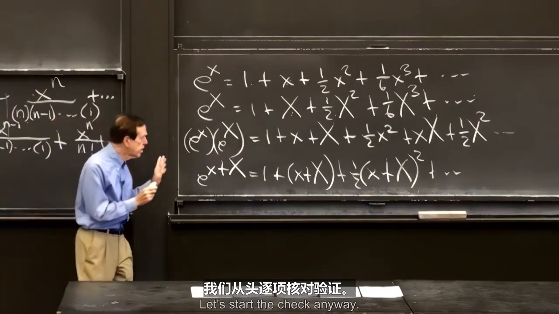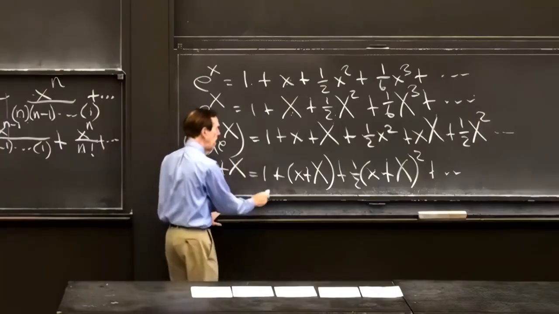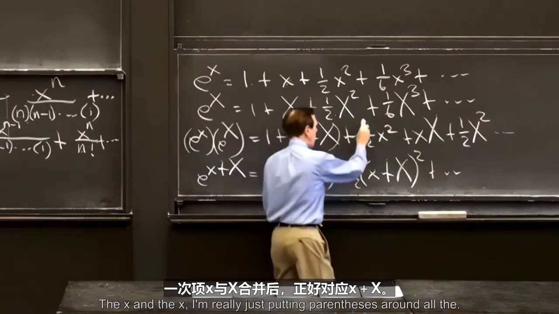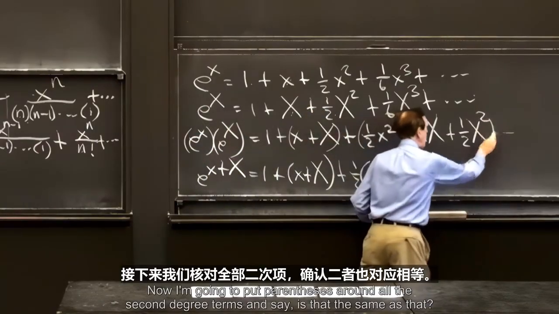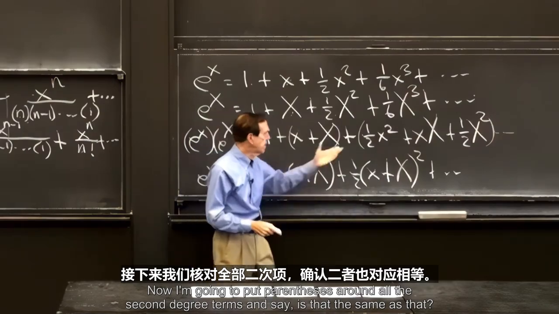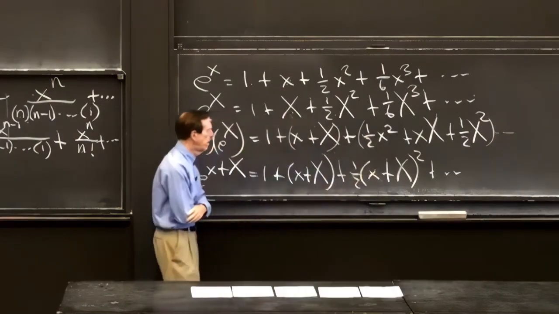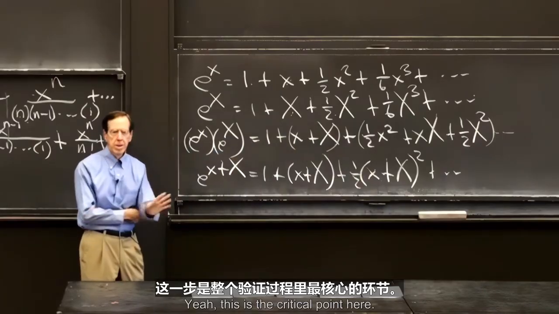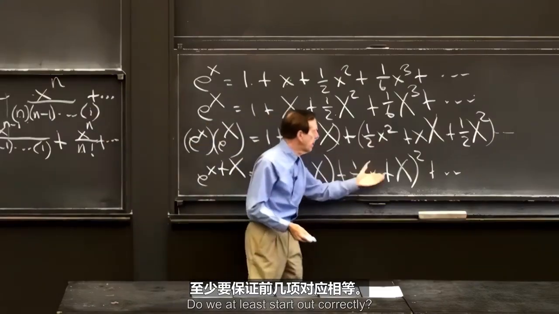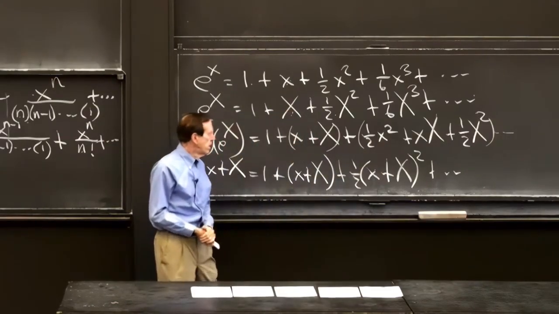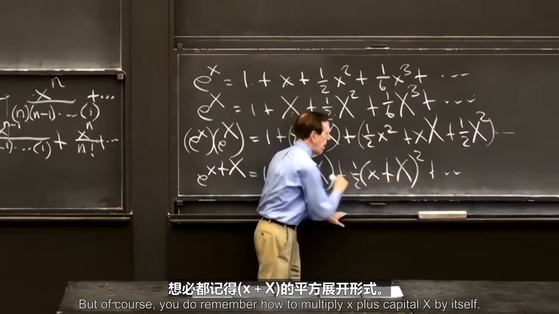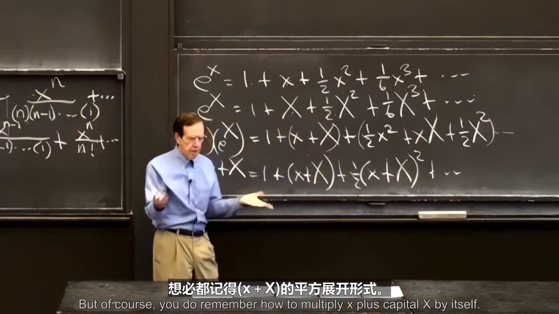Let's start the check anyway. The 1s are good, the x and the X. Now I'm going to put parentheses around all the second degree terms and say, is that the same as that? Yeah, this is the critical point here. Do we at least start out correctly? You remember how to multiply x plus capital X by itself.